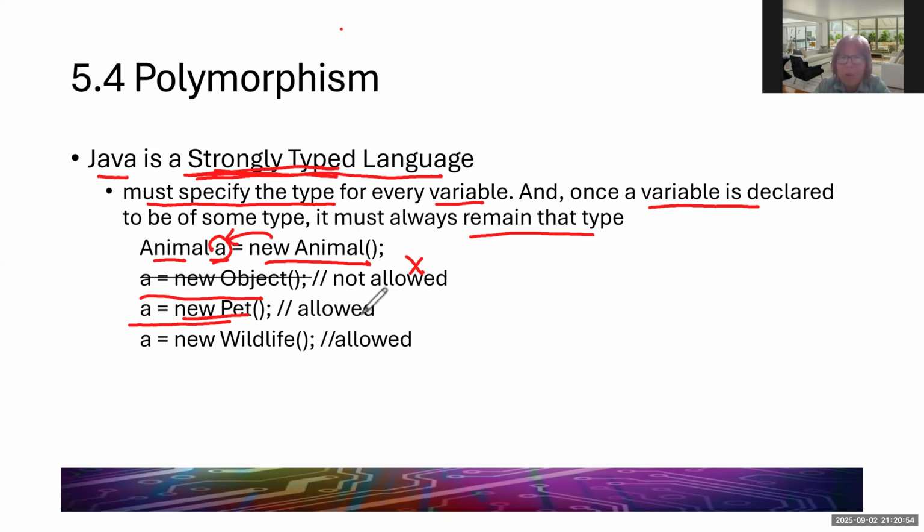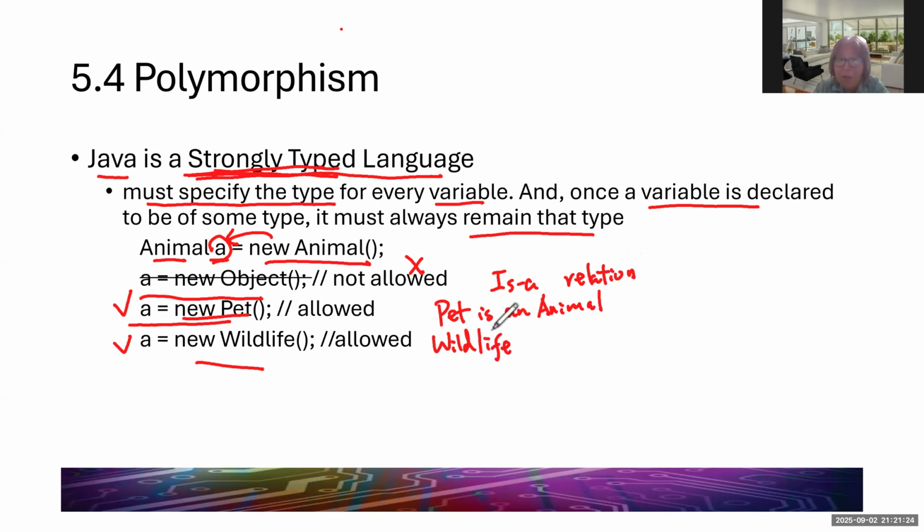This is allowed. Why? Because of the is-a relationship, because a pet is an animal. Same thing, you can do new Wildlife and assign it to a. That is allowed because of the inheritance relationship. Wildlife is an animal, so that's allowed.